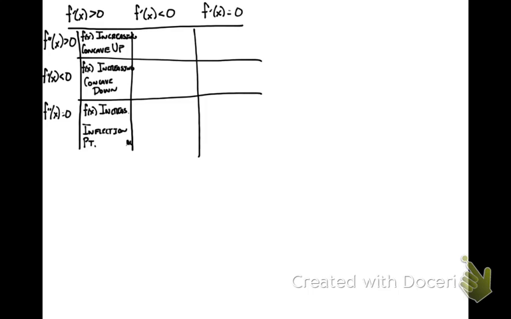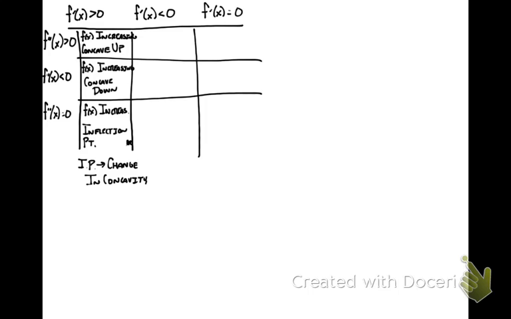And by an inflection point, what we mean is there's a change in concavity. It might be changing from concave up to concave down, or vice versa.